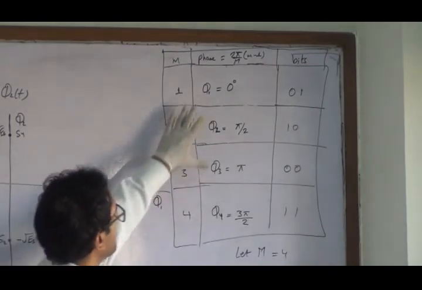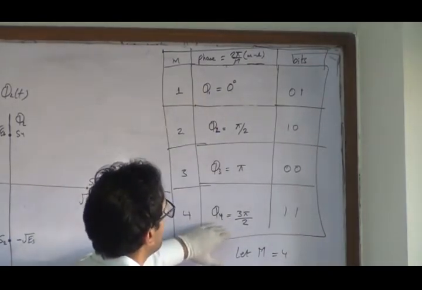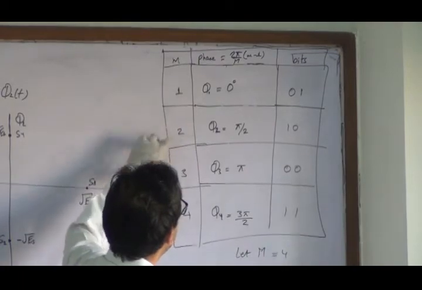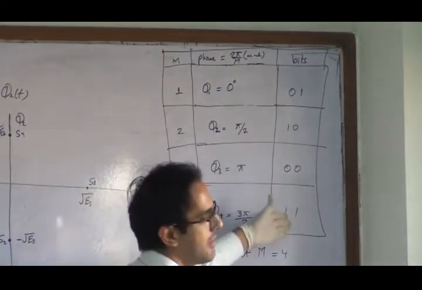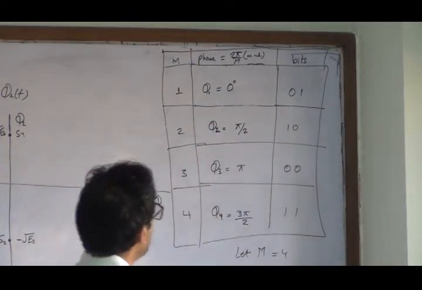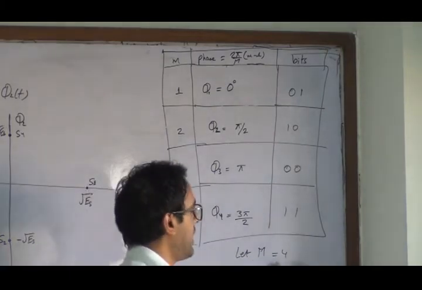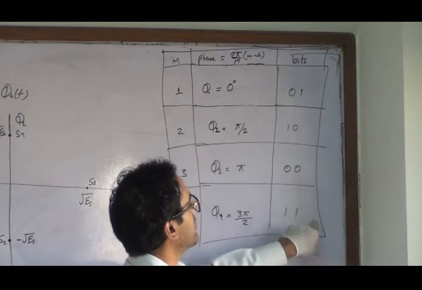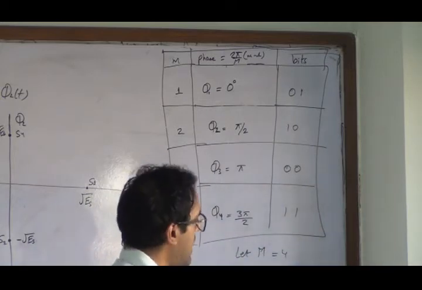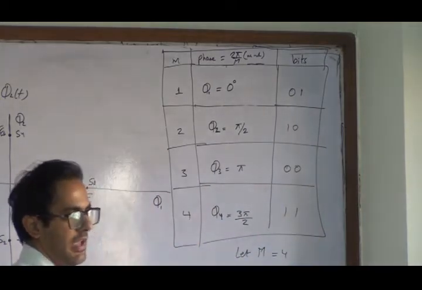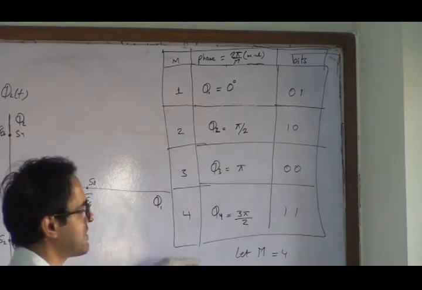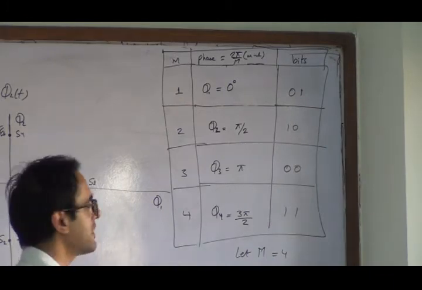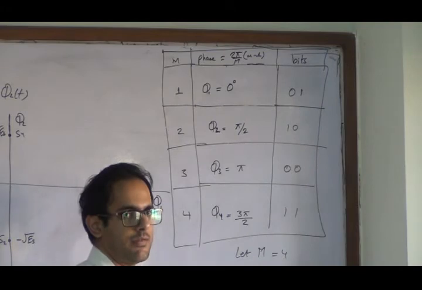So we end up getting these 4 unique phases for 4 different message signal combinations, right? If you assume capital M equal to 8, you will be using 3-bit combinations for your message signal, and you would have 8 such rows, 8 unique message signals, along with 8 different phases, right?